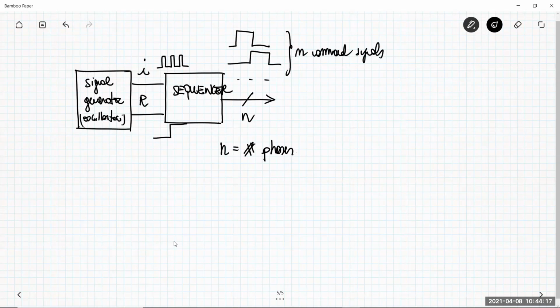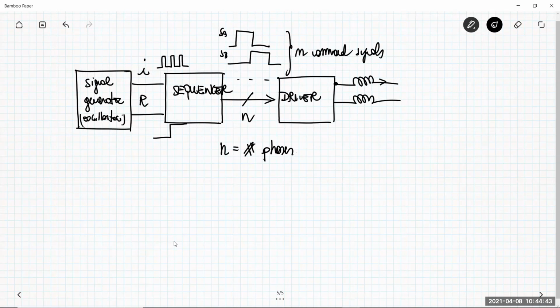So SA, SB, etc. This is the set of command signals that are provided to the driver. And the driver is eventually connected to the phases of the motor.